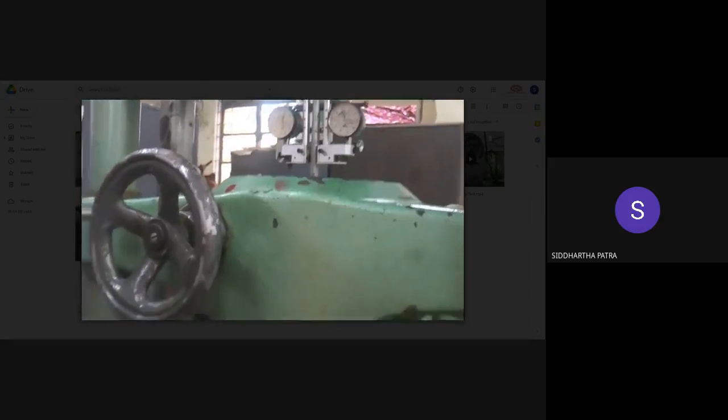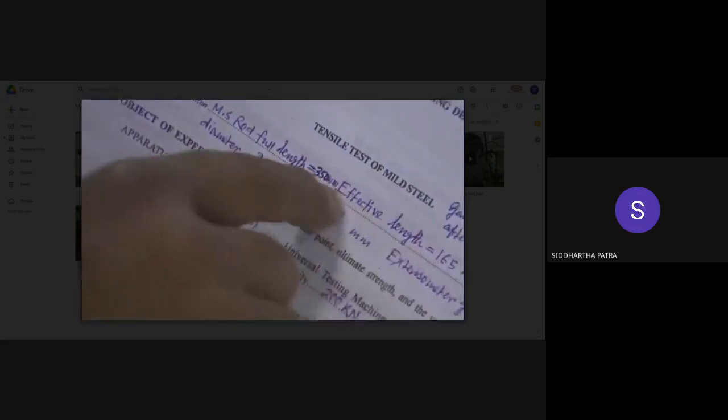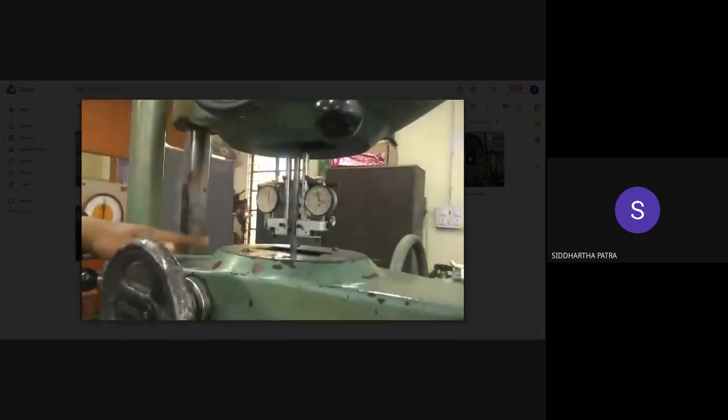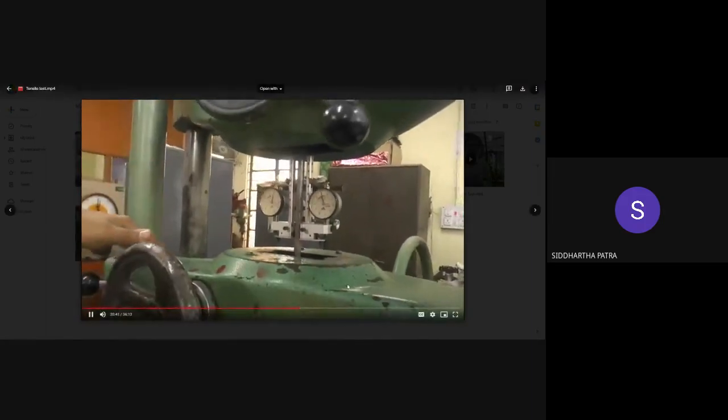Now this total change in length would not be measured about the full length. It's not about 350 millimeters. It would be based on the effective length. You see that the higher diameter portion, the 12 millimeter portion, which is inside the two crossheads, barely extends beyond the elastic point.